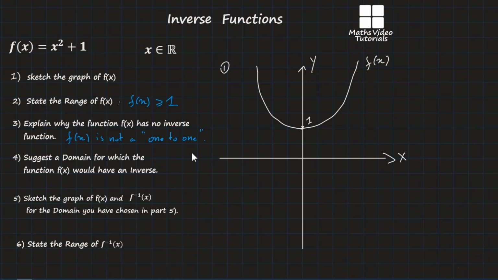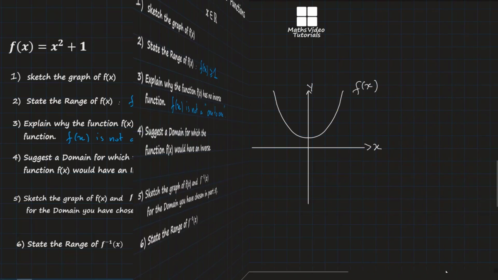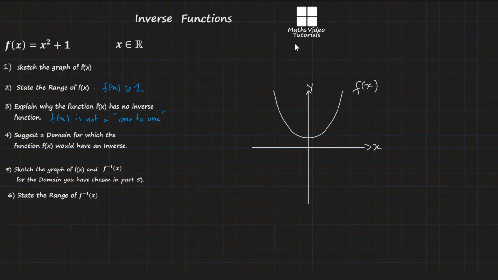Suggest a domain for which the function f of x would have an inverse. Now in part 3 we have discovered that the function does not have an inverse because it is not a one-to-one type of function. So in part 4 we need to suggest a domain that will make the function one-to-one rather than many-to-one.